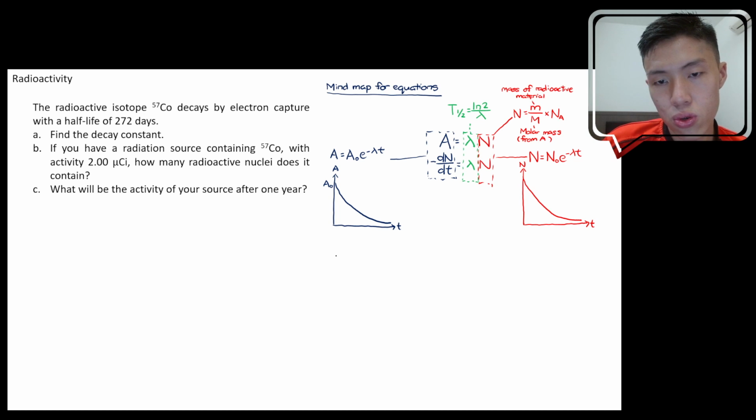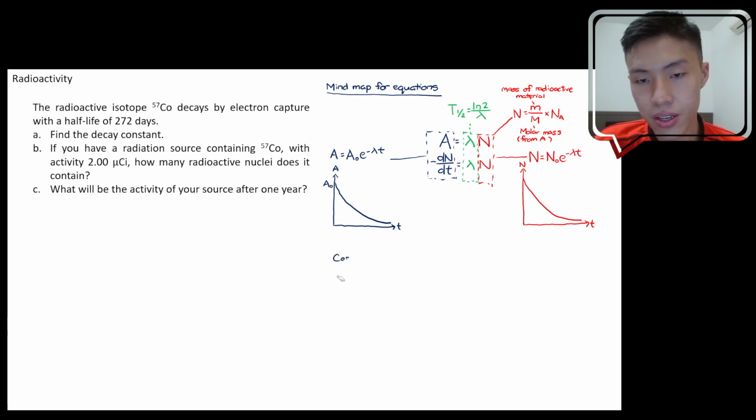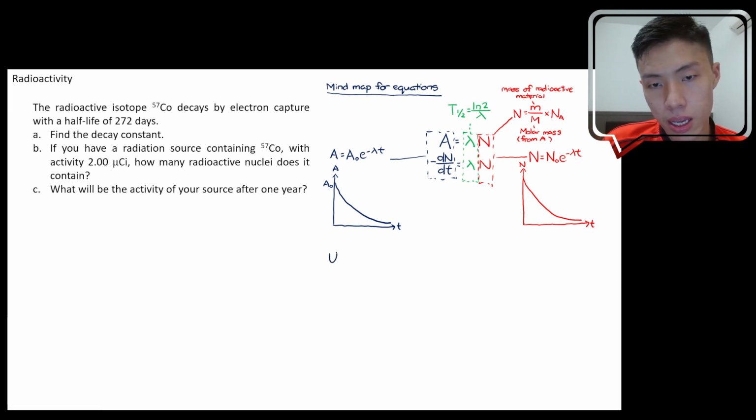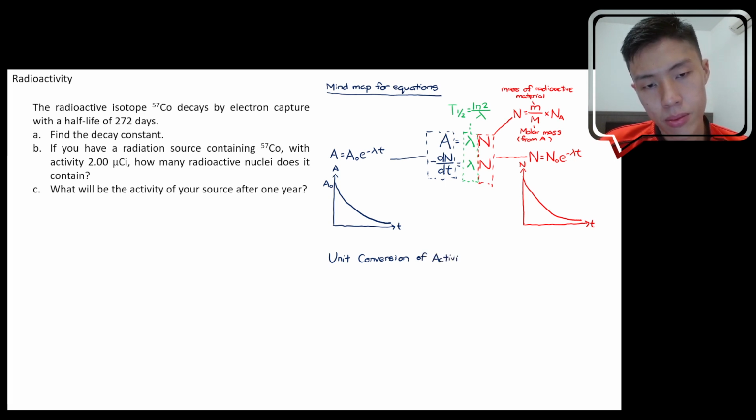Next, there's also unit conversion of activity, or you can call it decay rate.